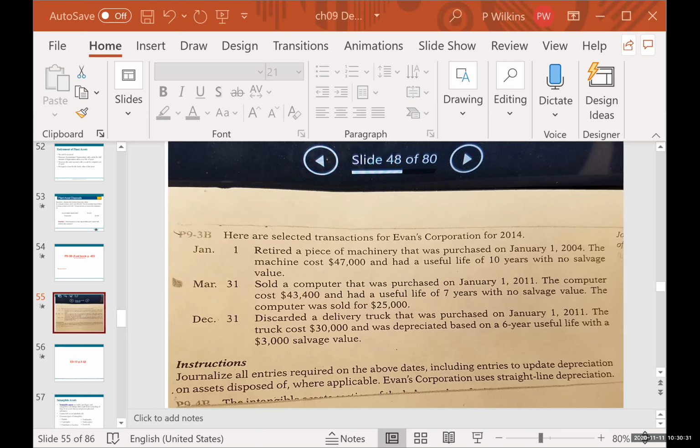So depreciation was done on the following dates, okay? Depreciation was done on December 31, 2004. Okay, because you bought it in January, so you did it in December 2004.